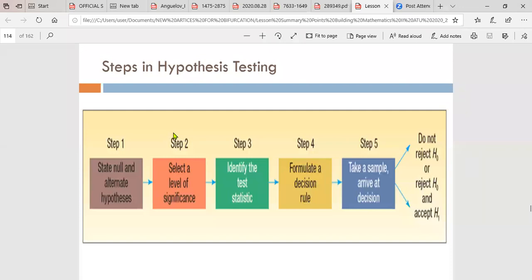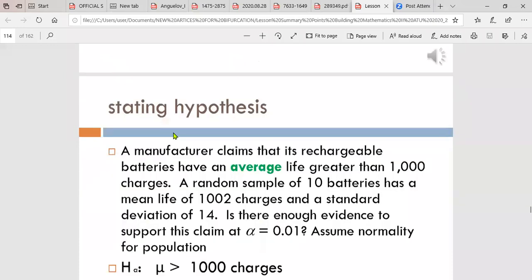Then the next step is to formulate a decision rule based on your alpha level, select a sample, and then you arrive at your decision, okay, either through the critical values or the computation of the p-values. Then you decide whether to reject the claim, which is the null claim, or fail to reject the null claim, okay? So these are the basic steps involved in any hypothesis testing.